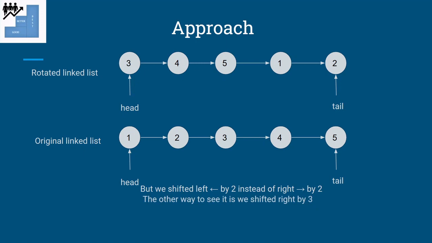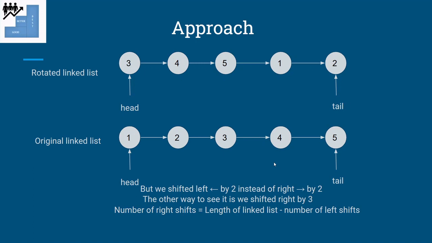Okay. So what we can see? We can see that the original linked list is shifted left by 2, or it is right shifted by 3. So if 1, 2 have come over here, we can also say that the original linked list has right shifted by 3, or the other way around, we can say that 3, 4, 5 has shifted left. So the original linked list is left shifted by 2, right?